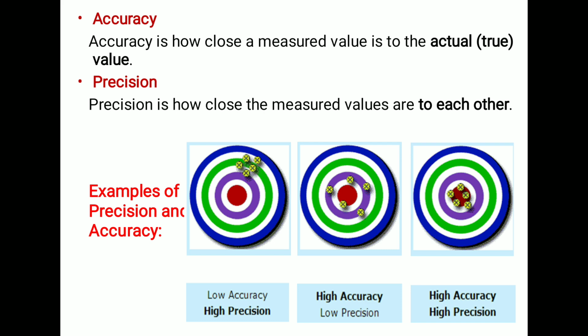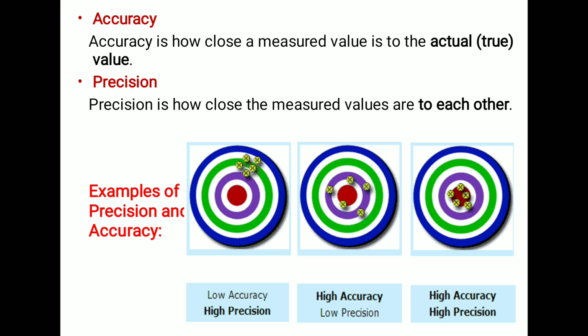The first figure, if you see, tells us low accuracy and high precision, because the value to be targeted is the center of the circle, but the hits are not at the center here. All the targeted values were different, but all those values are near to each other. That's why the first figure gives us low accuracy and high precision.